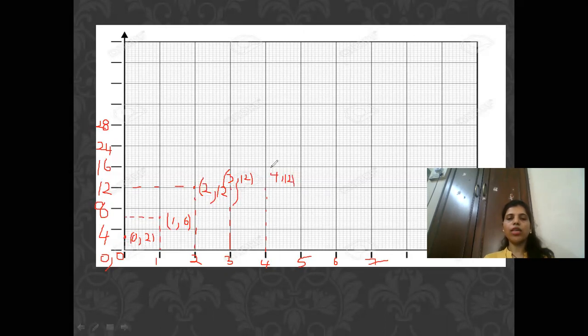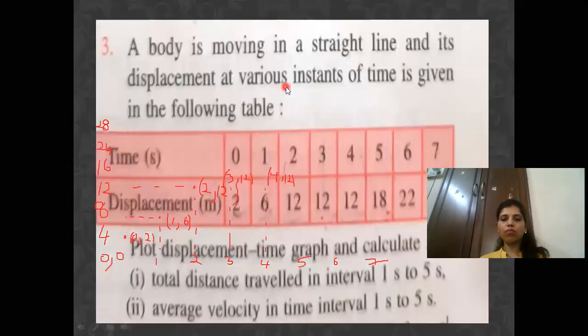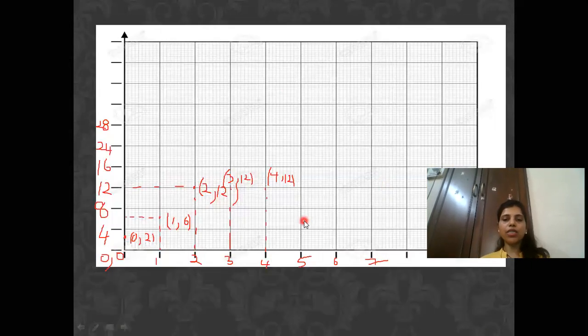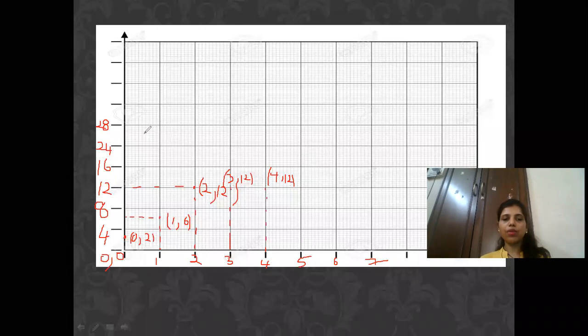Now after that, what they have said, 5 is 18 and 6 is 22. So 5 is 18, so it will come somewhere from here. I'm not drawing the line, I'm directly plotting the point.